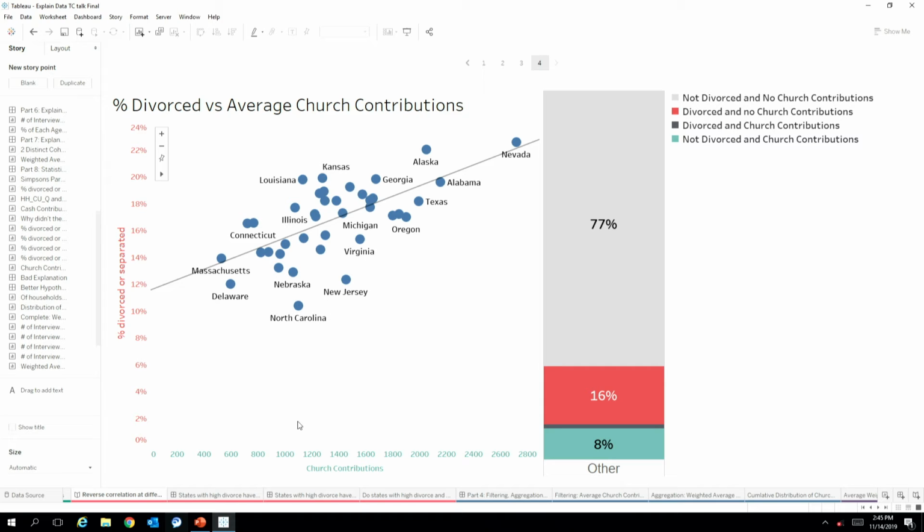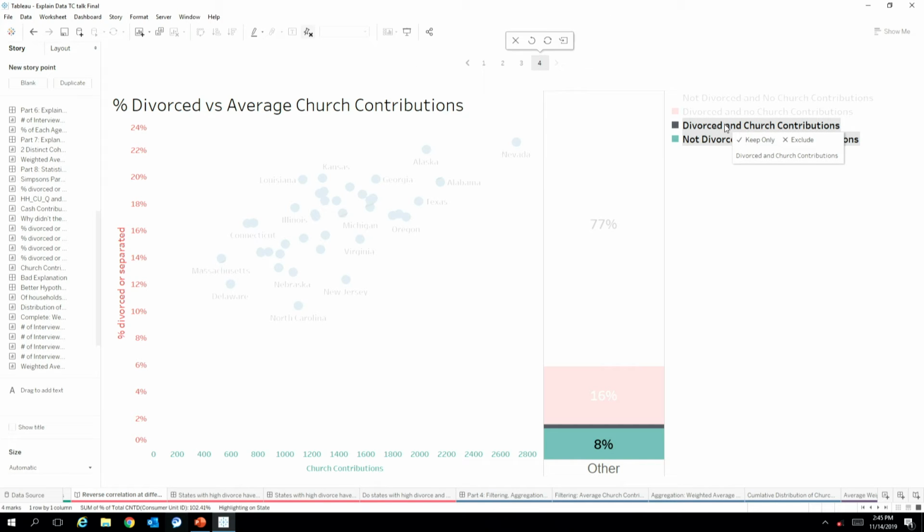So here this bar chart is showing the intersection between people who are divorced and people who make church contributions. You can see that only 9% of people are making church contributions. So it's important to keep in mind that the average value is null for 91% of the records, which makes it questionable.